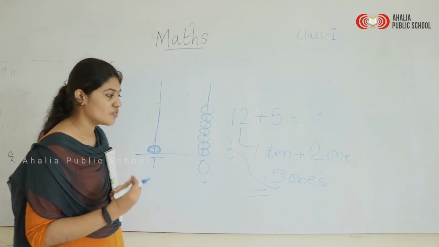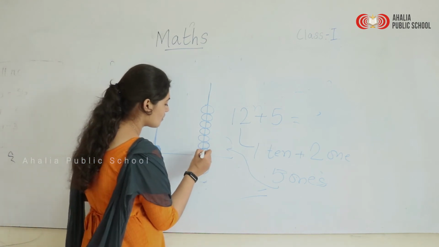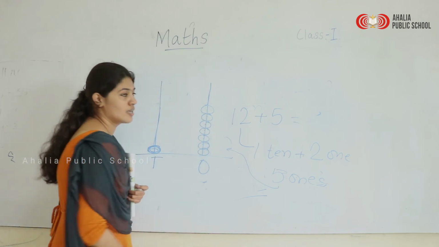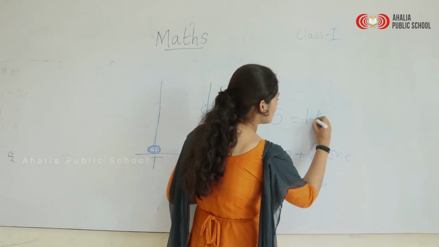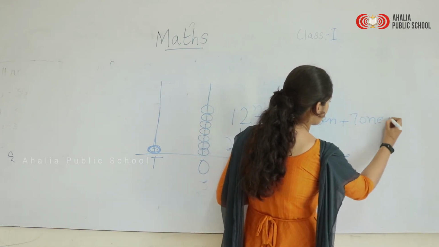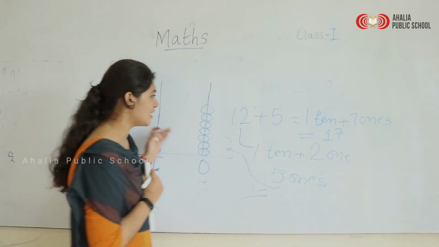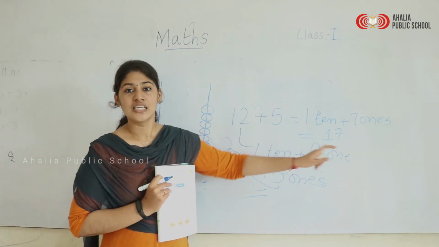So we can write 1 ten and how many ones are there? 1, 2, 3, 4, 5, 6, 7. Clear? 7. So 1 ten plus 7 ones. What is the number? 17. How many tens are there? 1 ten and 7 ones. We'll get the number 17.